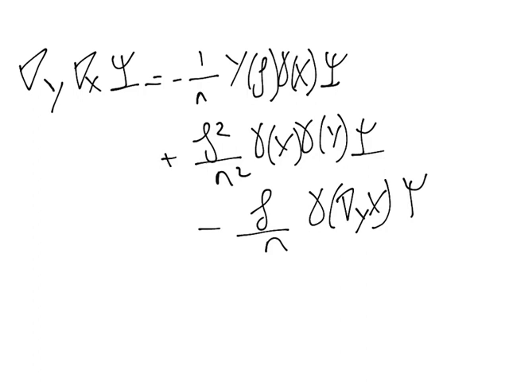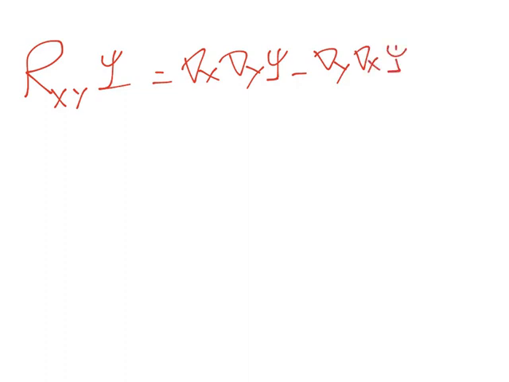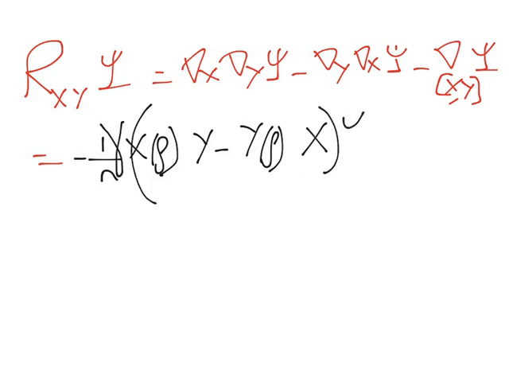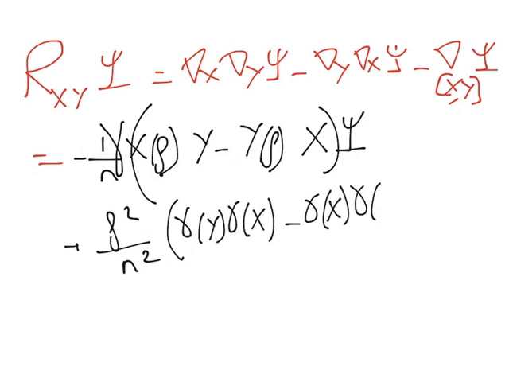Of course, we have calculated nabla x nabla y of psi and nabla y nabla x of psi, so I can conclude that the spinorial curvature R xy of psi, which is nabla x nabla y psi minus nabla y nabla x psi minus nabla the bracket of psi, combined gives minus 1 over n (x of f y minus y of f x) Clifford psi, plus f squared over n squared (gamma y gamma x minus gamma x gamma y) of psi.